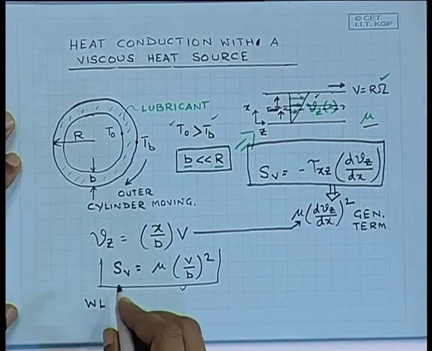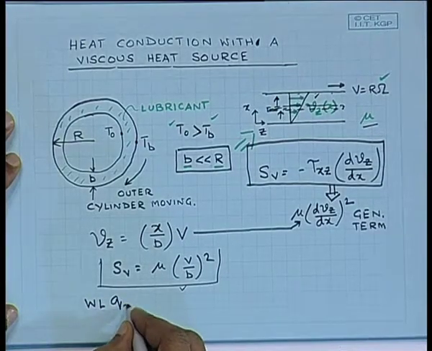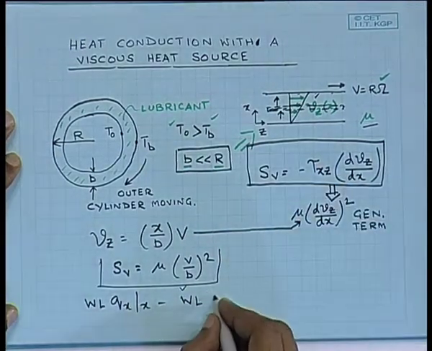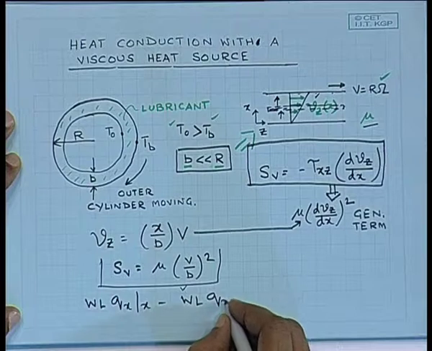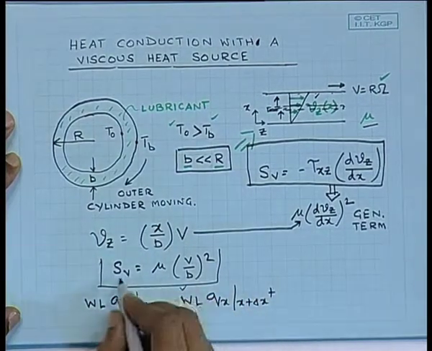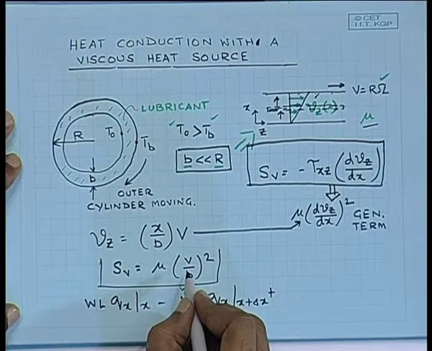So, we can simply write the equation in difference form. This is Qx at x, where W and L are the area terms, width and length, and this one is volumetric heat generation.